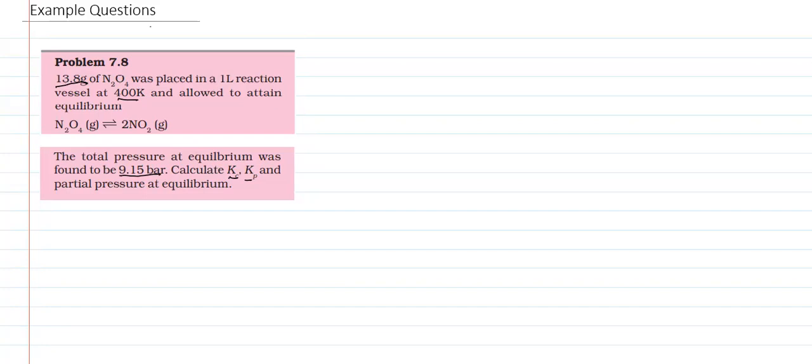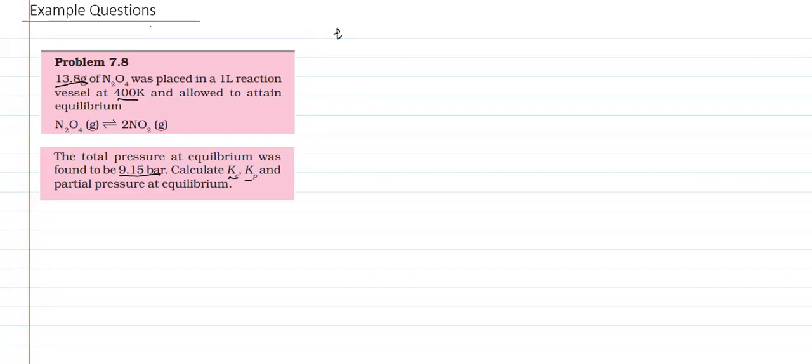Now, let's start at the beginning. How do we get from this question to actually calculating a value that we can figure out? Since we've been given the total pressure, maybe we can use it.